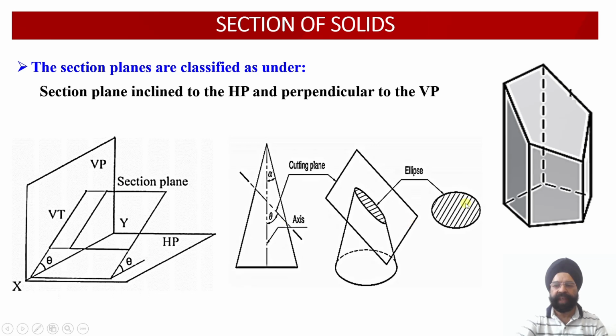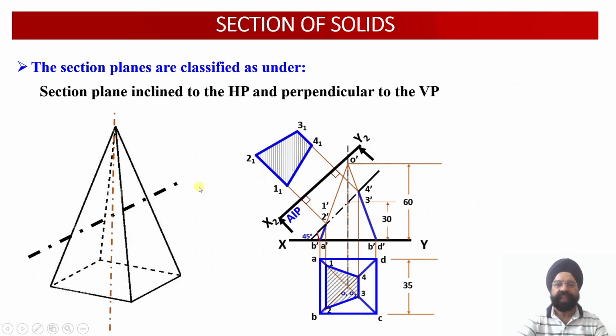So if we have to observe the true shape of this cut section, then we need to draw another auxiliary inclined plane parallel to this cut section or the cutting plane, and the projections obtained on that AIP, that is, in the auxiliary plan, we will be able to observe or evaluate the true shape of this cut section. Now this is the problem that we are going to discuss today.